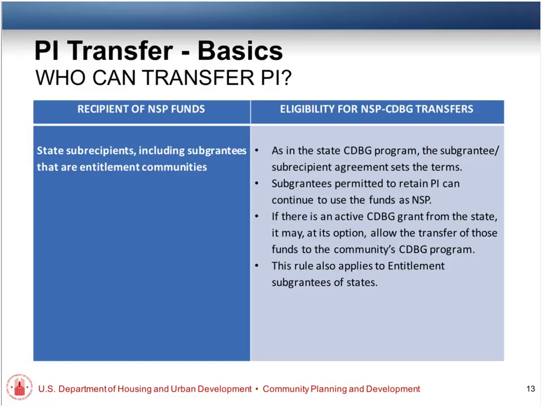Right, and so for states who took advantage of the waiver to act directly, and you are running your own entitlement-style revolving loan fund, you are not going to be able to transfer that revolving loan fund as a revolving loan fund to CDBG because it was a statutory waiver.